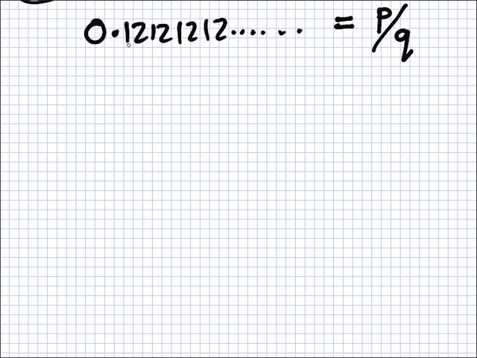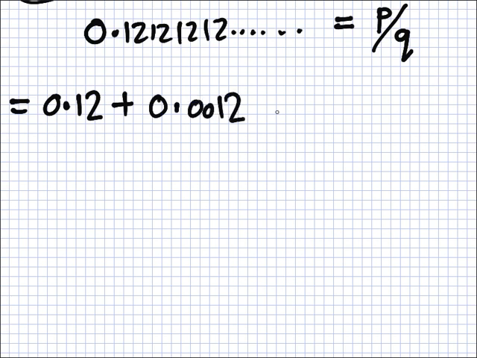So watch this. What you do is you change this into first 0.12 plus 0.0012 plus 0.000012, and so on and so on. So these here add together to make that. I've just separated it out.